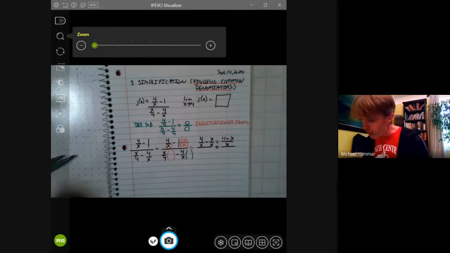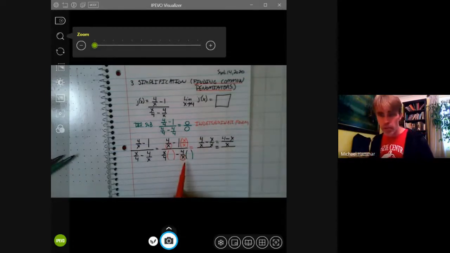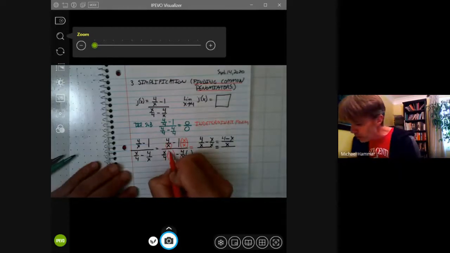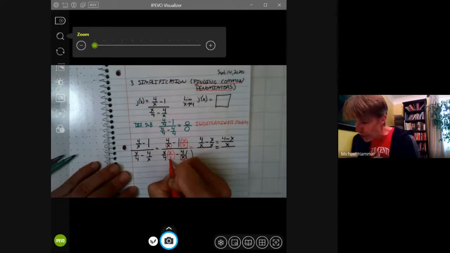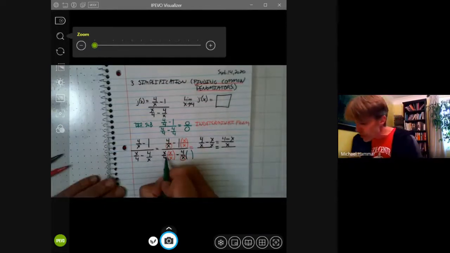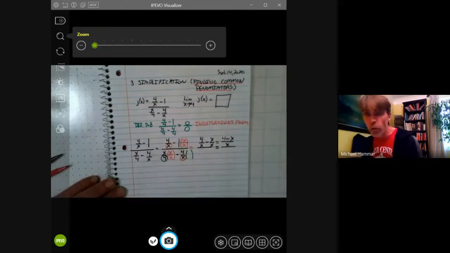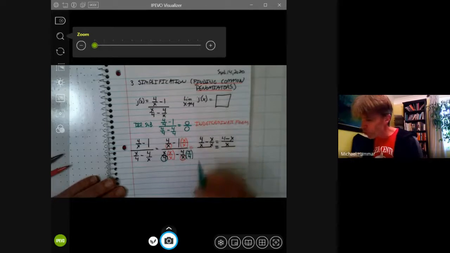The first one, and this is just my shortcut, has a denominator of x, so I'm going to multiply by x over x. And right here, the denominator is 4, so I'm going to multiply the other fraction by 4 over 4.